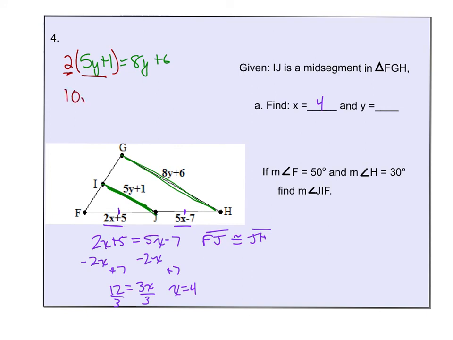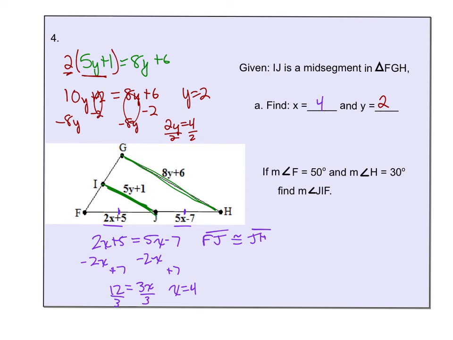So this is really 10Y plus 2 equals 8Y plus 6. Some algebra later, 2Y equals 4, so Y equals 2. There's my answer.